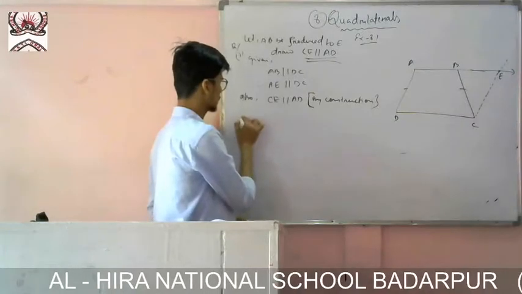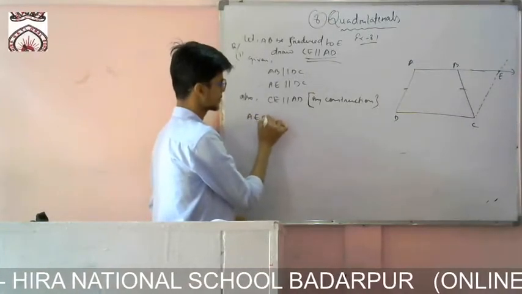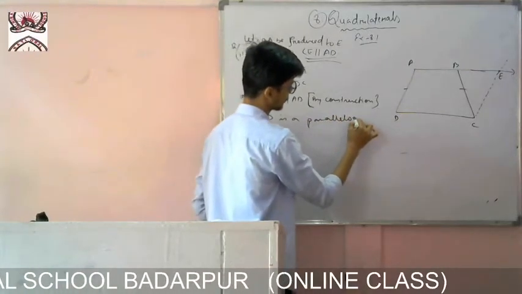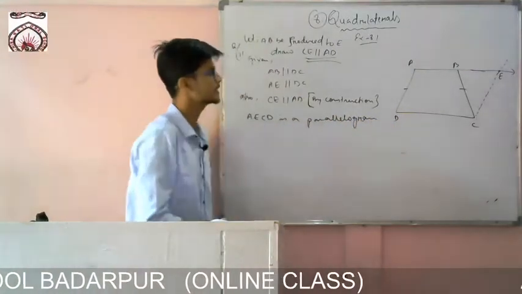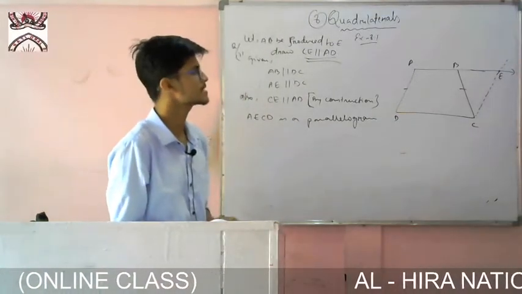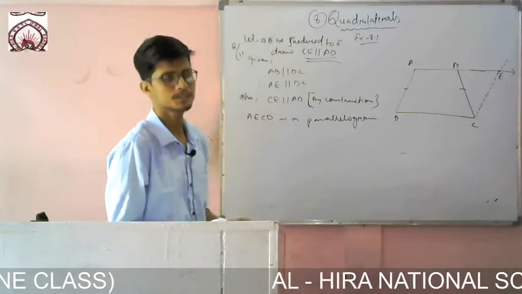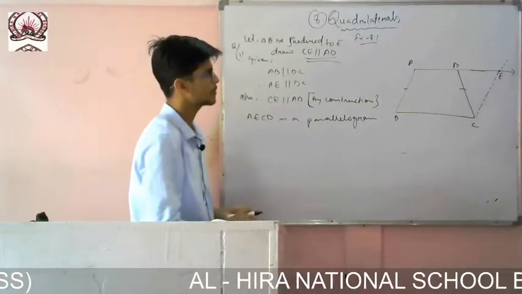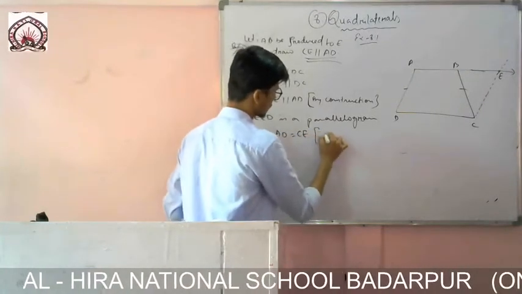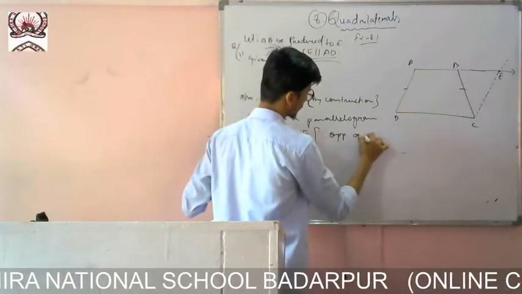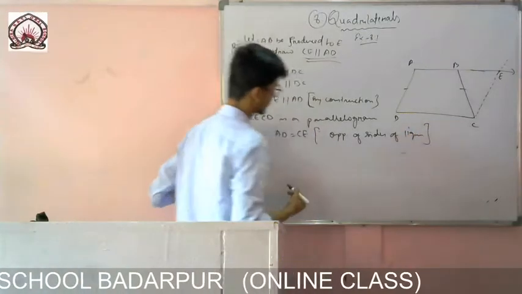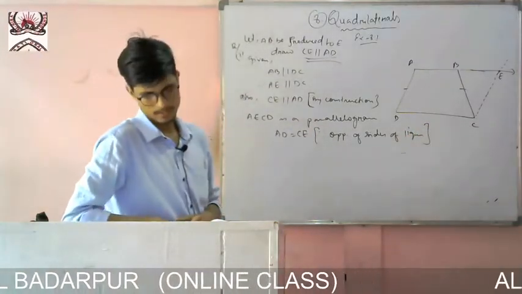Therefore AECD is a parallelogram. If AECD is a parallelogram, the opposite sides will be equal, so AD equals CE, opposite sides of a parallelogram.